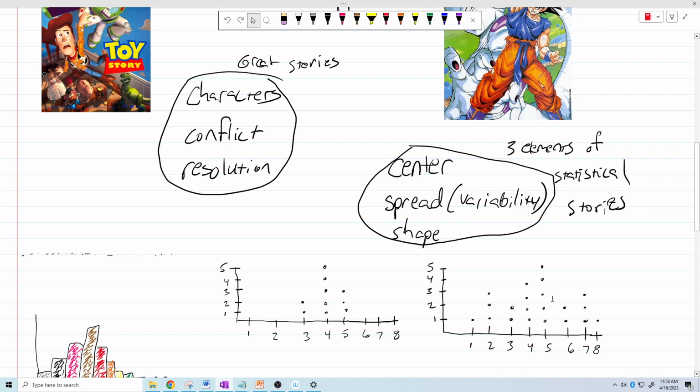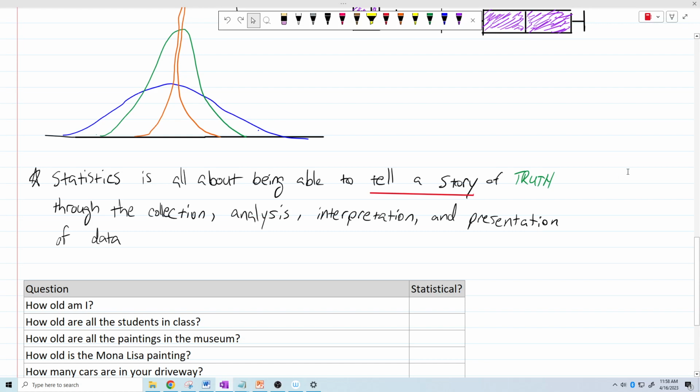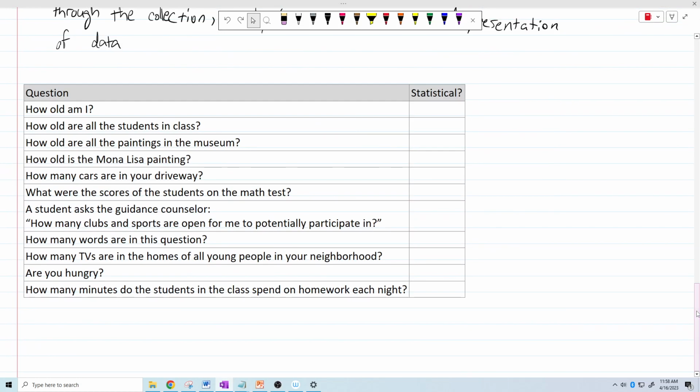Most specifically, the questions have to anticipate the idea that answers will vary, answers will spread, answers will be different depending on who is asked. So with that in mind, let's look at a few of these questions to let it sink in, the idea of what is a valid statistical question and what isn't. When we do have valid statistical questions, we can then begin to collect data that we can analyze, interpret, and later present.